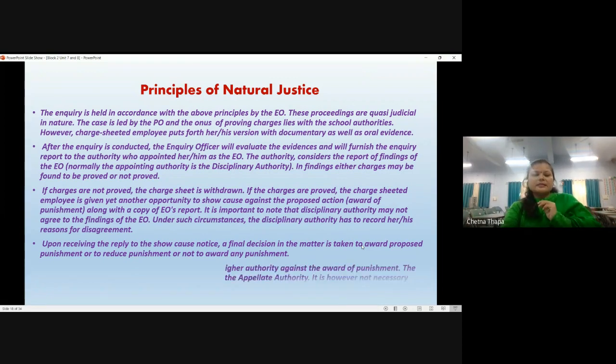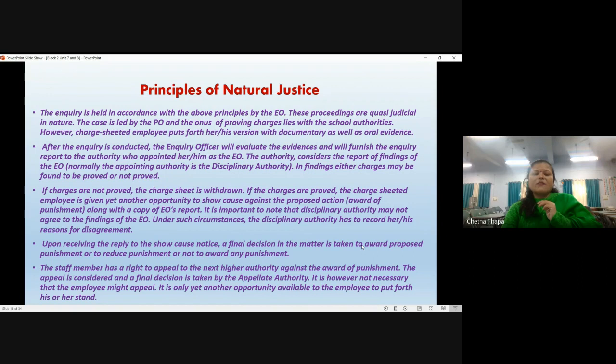And lastly, the staff member also has a right to appeal to the next higher authority against the award of punishment. If certain punishment is awarded to the charge sheeted employee and he is not in favor of it, then he has the right to appeal to the next higher authority, and the appeal is considered and a final decision is taken by the appellate authority. It is, however, not necessary that the employee appeal.